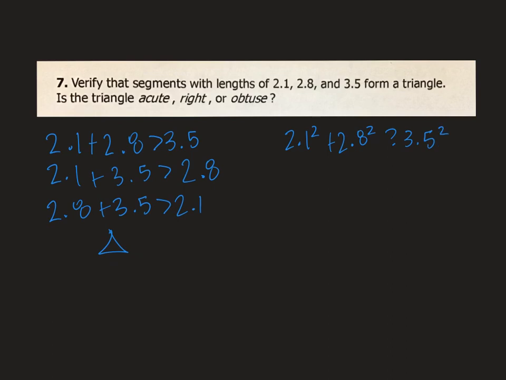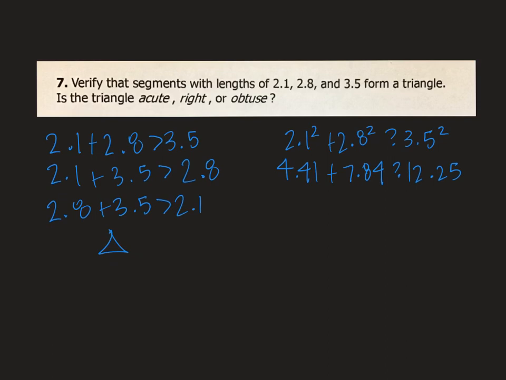So I'm just going to square each of those. So 2.1 squared is 4.41. 2.8 squared is 7.84. And 3.5 squared is 12.25.